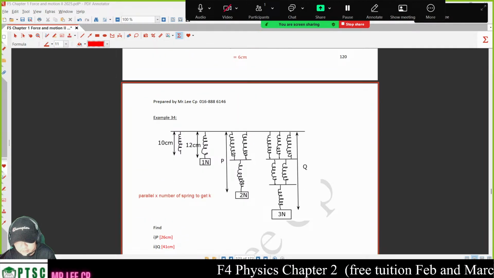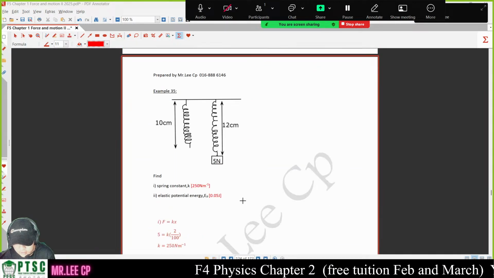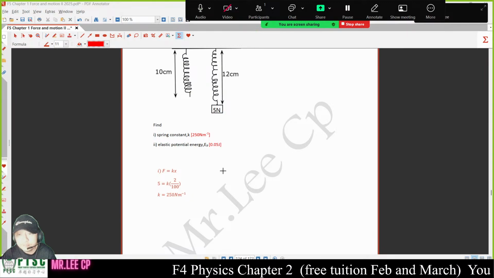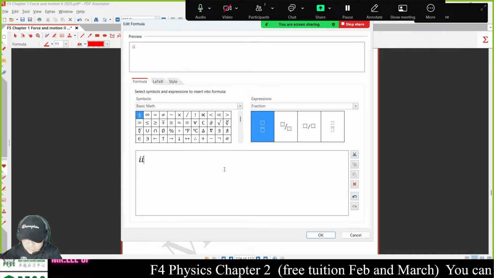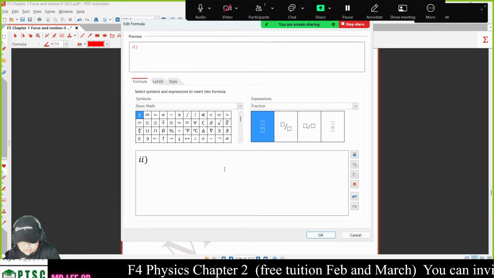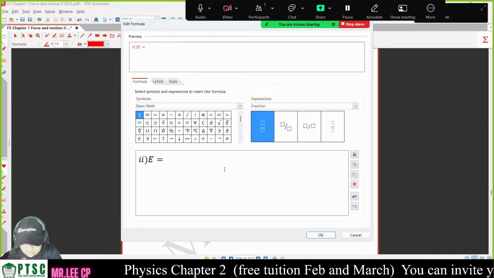Okay. Yeah. Like this, energy. So number 2, they ask you the energy stored. Energy stored in the spring is formula half Kx squared.